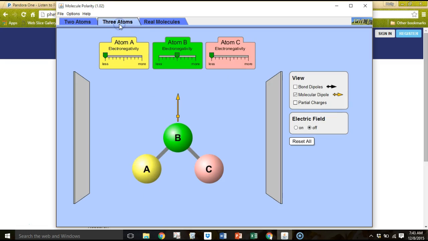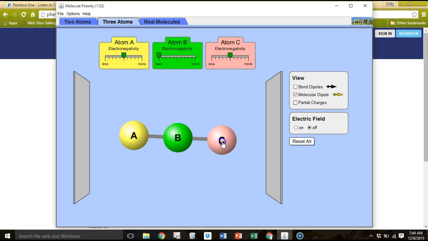If I move to a molecule that is made out of multiple atoms, then the situation is a little bit different. So I'm actually going to change this to be more representative of a real molecule, with the higher electronegativities as the terminal atoms. Hold on, let me set this all up here.